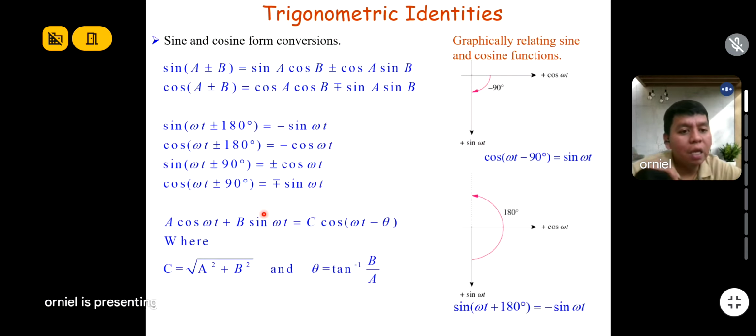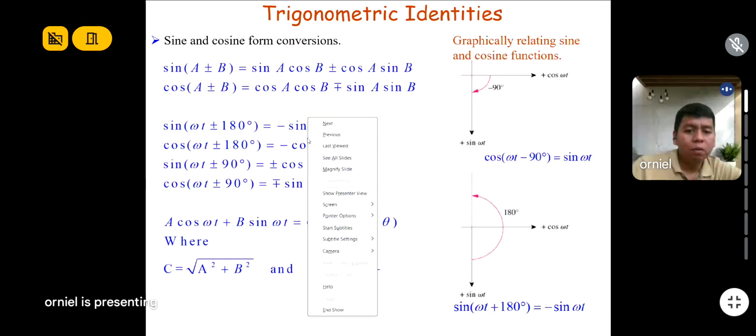Now, as I said earlier, the conversion is from negative sign to positive sign, and so on. So if you want to memorize this, you can do that.